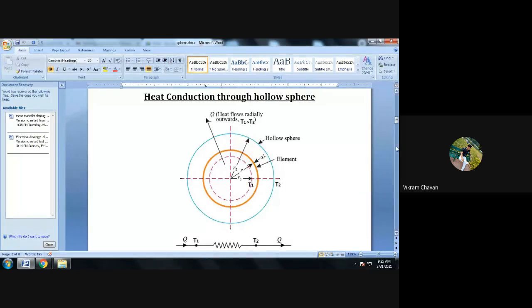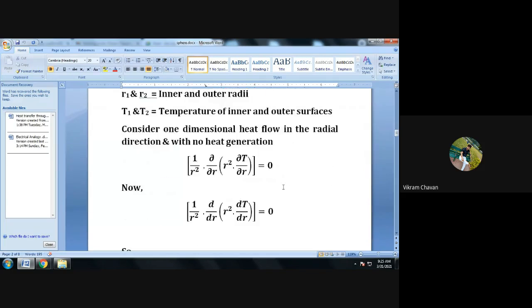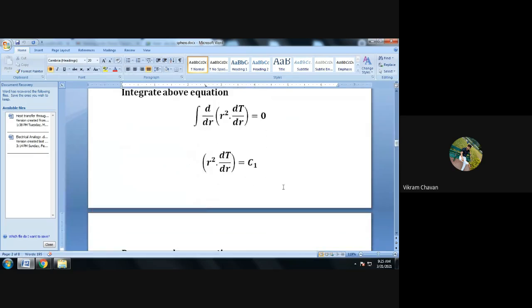So when the radius is r1, at that time temperature is T1, and when the radius is r2, at that time temperature is T2. So that is our two boundary conditions.